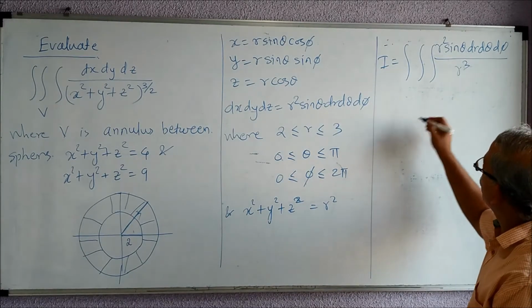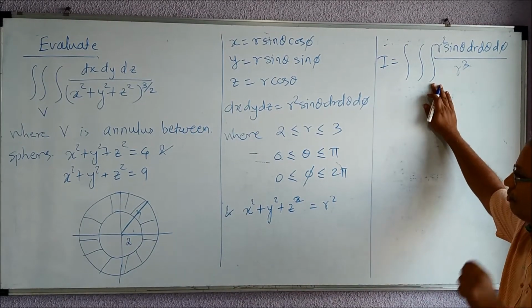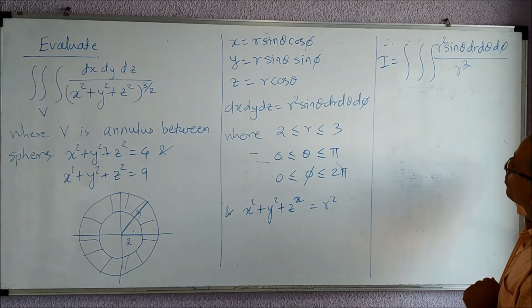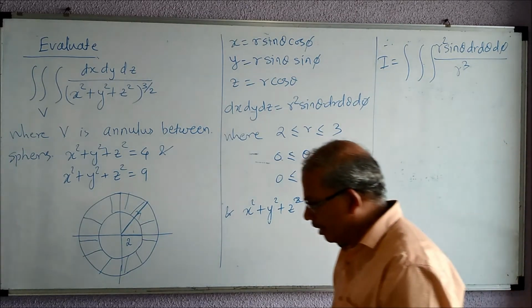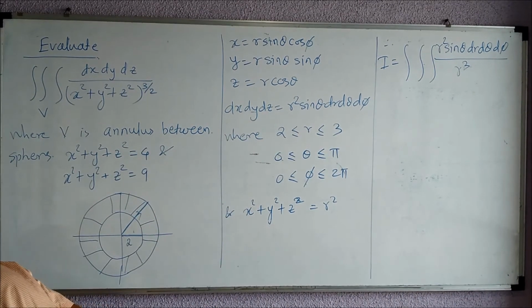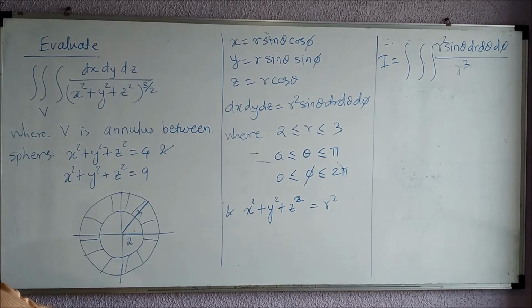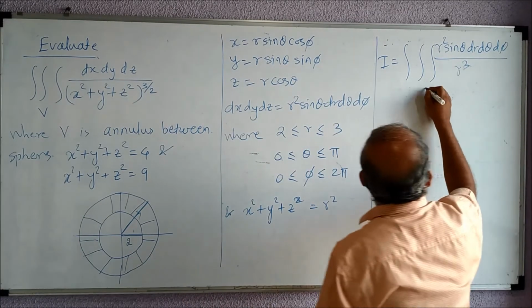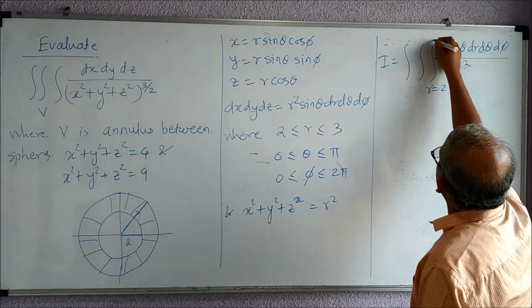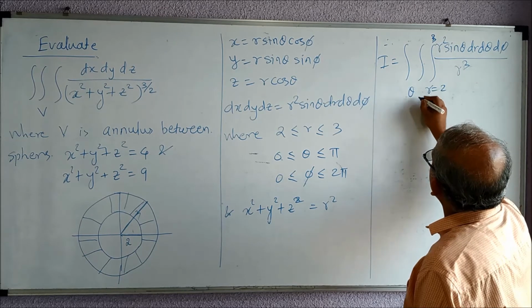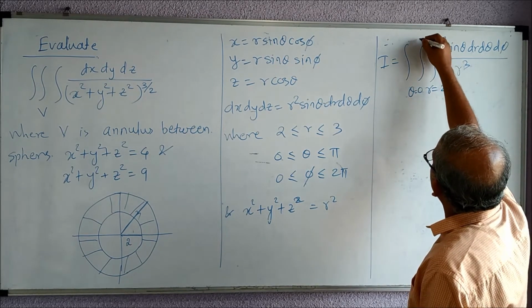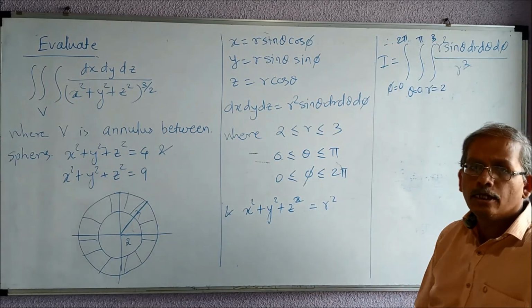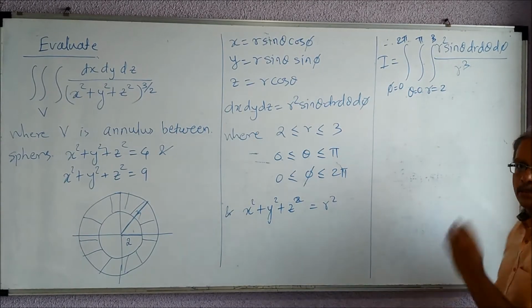The inside limit will always be with respect to r, from 2 to 3, then theta from 0 to pi, and then phi from 0 to 2 pi. So we decide this order: r, theta, phi.